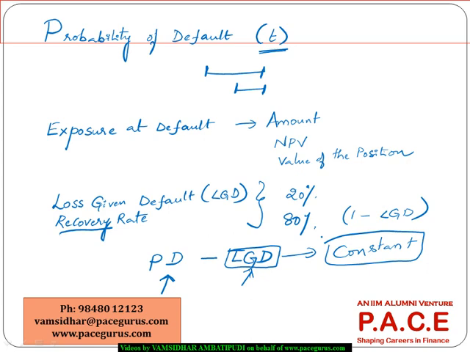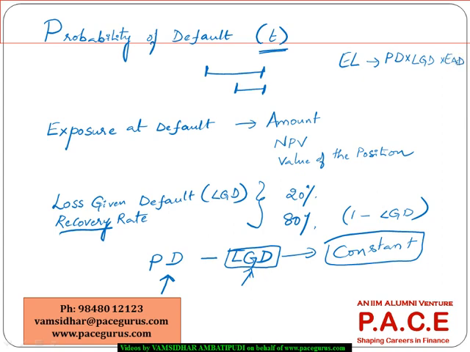Right? So from these three elements, we will try to compute what we call the expected loss. This is an important component in case of credit risk. The expected loss is nothing but the multiplication of all these three elements: the probability of default multiplied by loss given default multiplied by exposure at default.